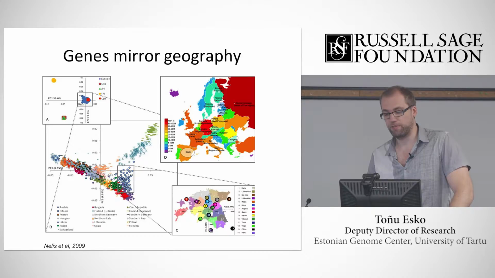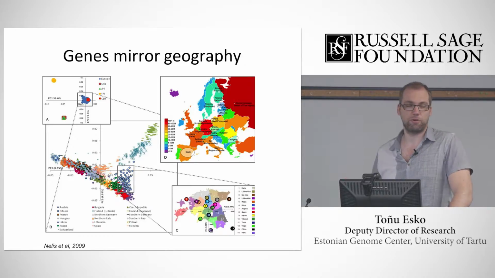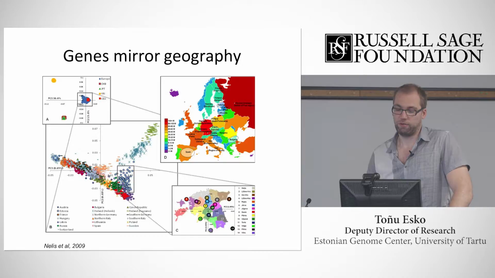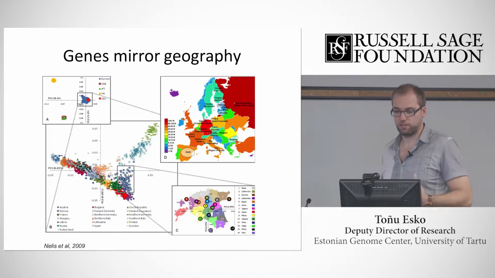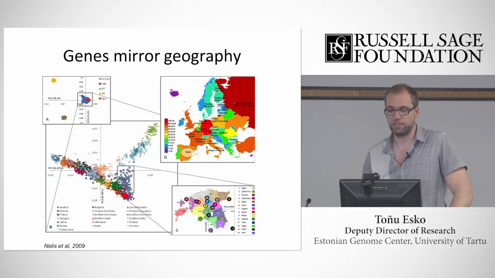We have only 1.2 million Estonians living on this chunk of land. But in the biobank we knew the birthplace for every participant. This is, as you mentioned, a typical principal component analysis or multidimensional scaling analysis on the genetic data, and those are just the first two axes plotted here.